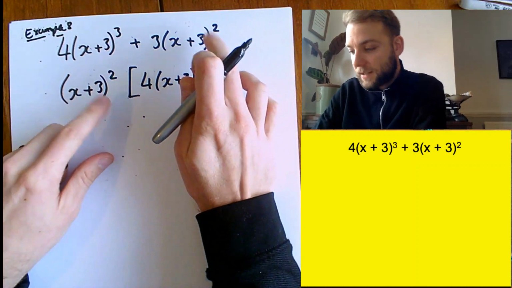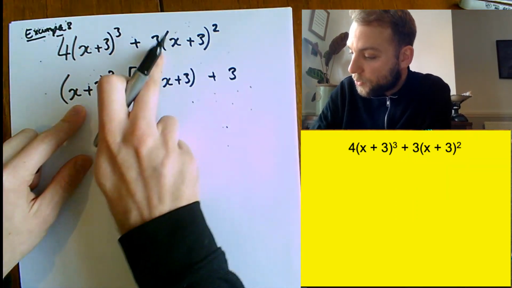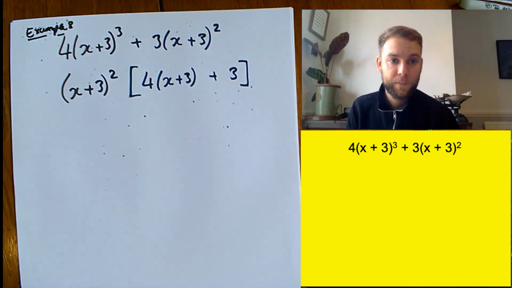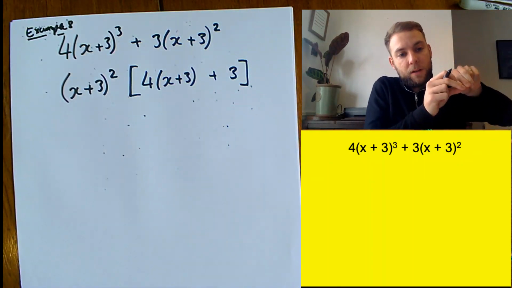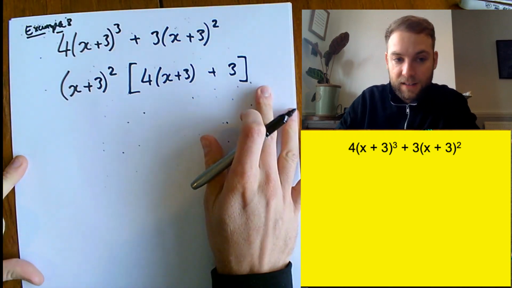And I've taken this x plus 3 squared out of this one, so all I'm left with there is just the 3 here. So I've taken this x plus 3 squared out from both of them. So then what I need to do is just simplify this side.